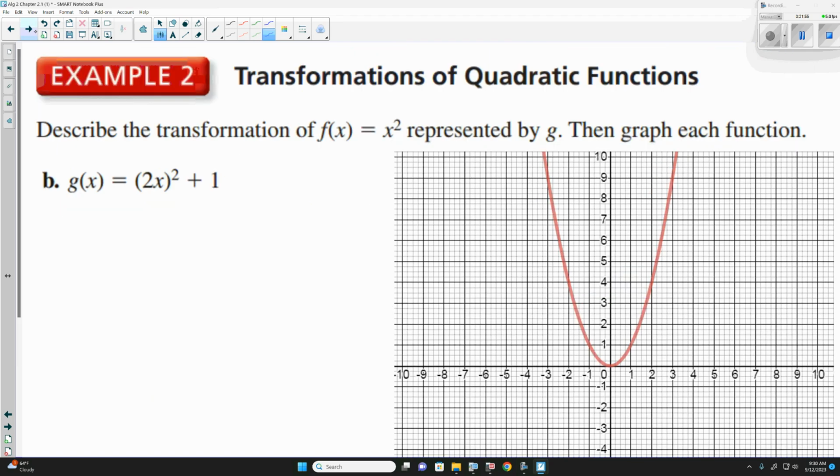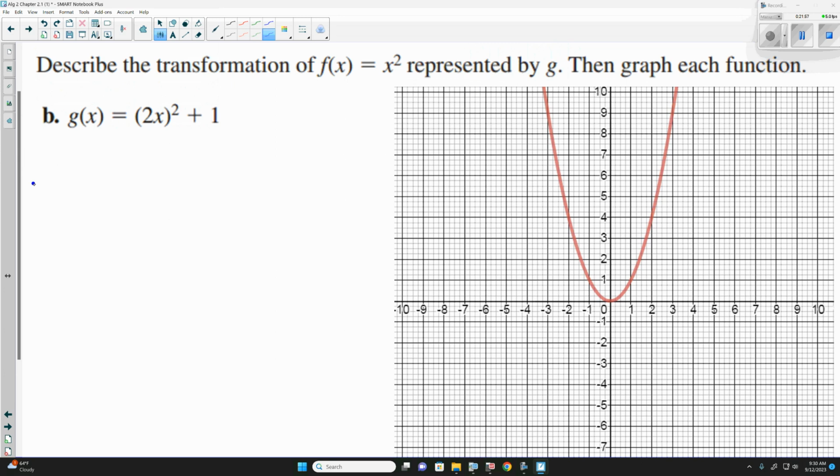Let's look at another one. This time we do not have a reflection, because there's not a negative outside the parentheses or in front of x inside. But we do have a 2 here. I would always address the up, down, left, right first. So the +1 outside the parentheses tells us what?